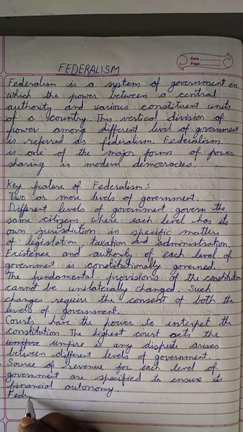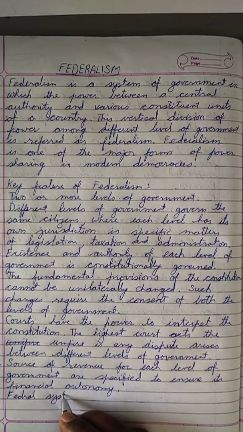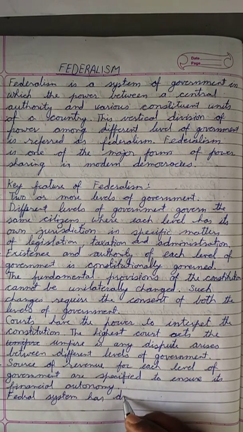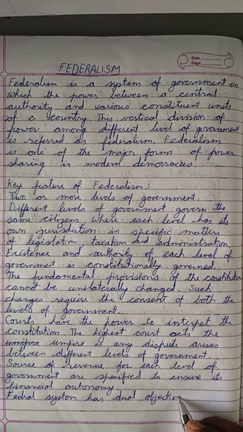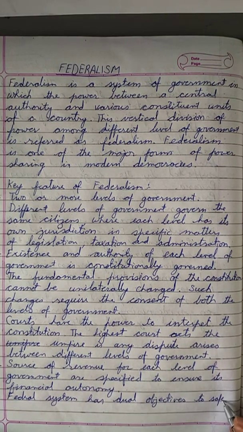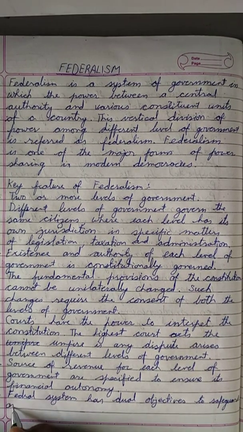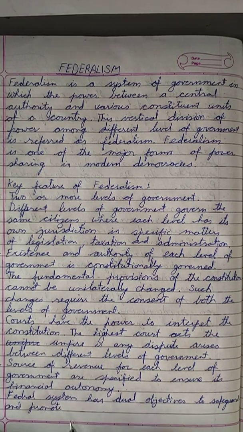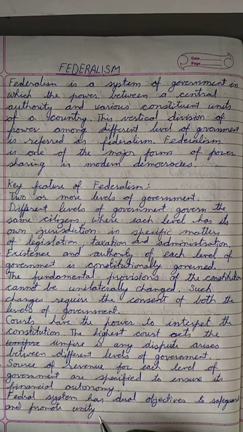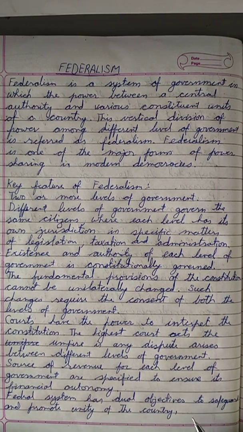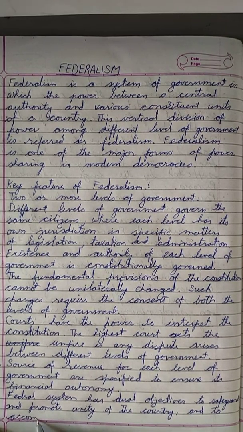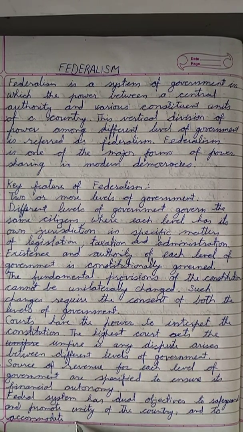Federal system has dual objectives: to safeguard and promote unity of the country and to accommodate regional diversity.